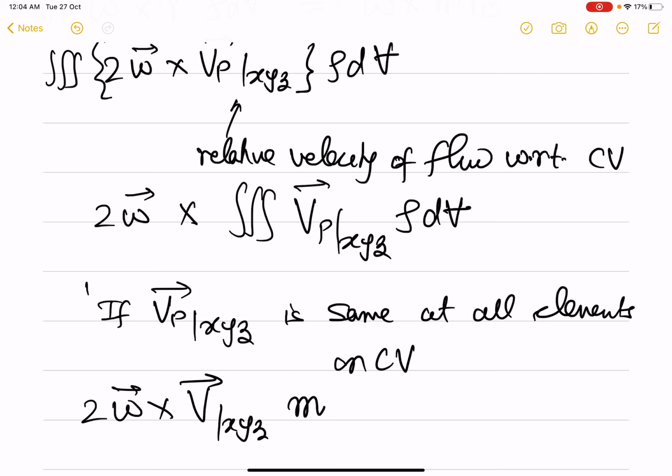But normally when this term is not 0, it will vary across the elements and will not be amenable to being pulled out.